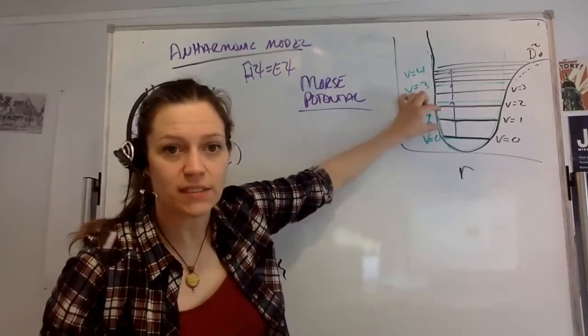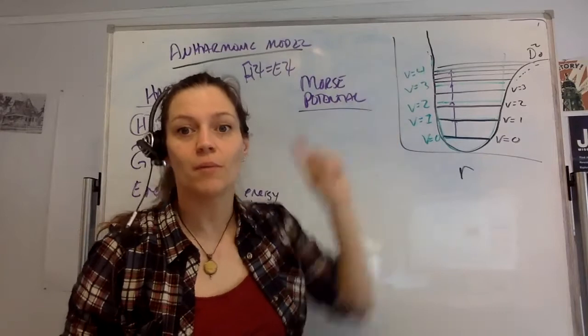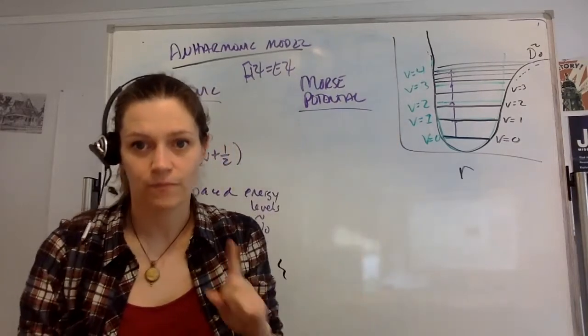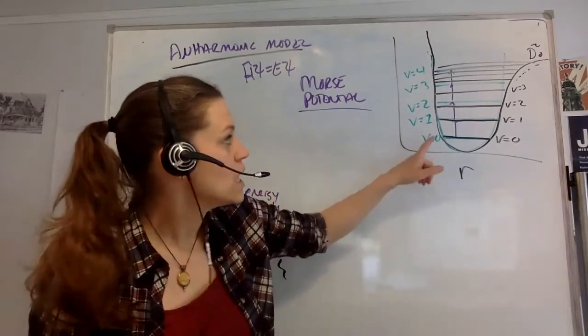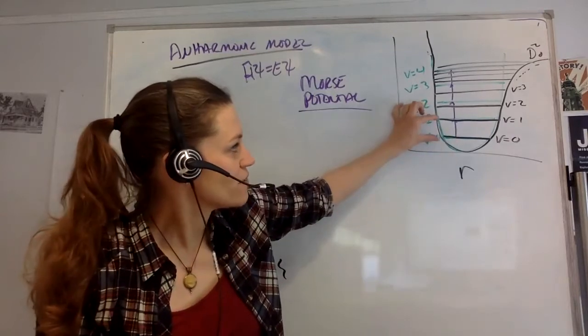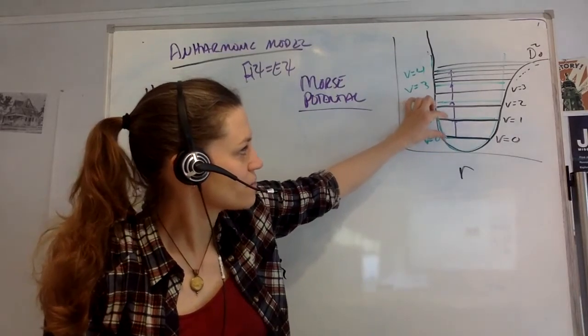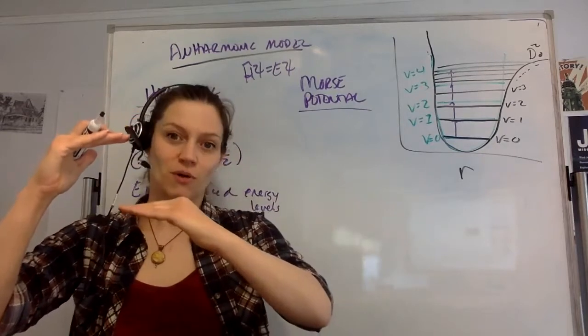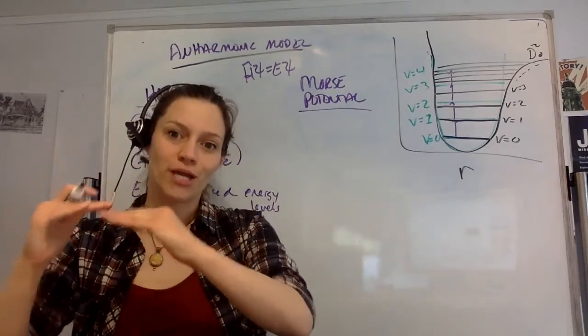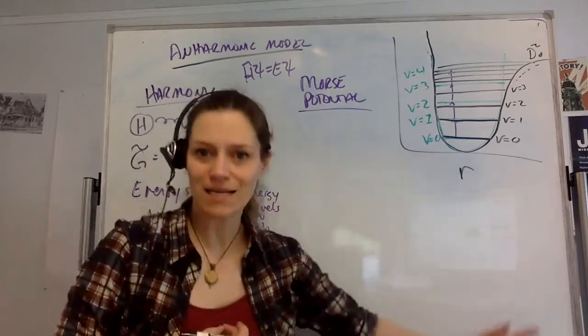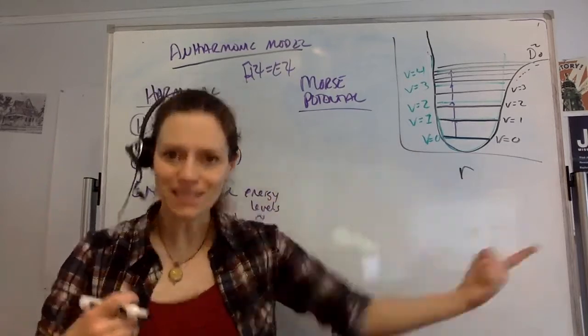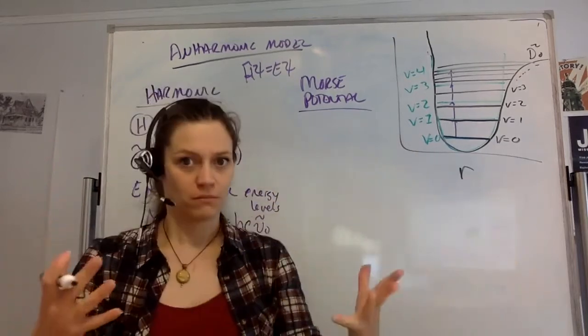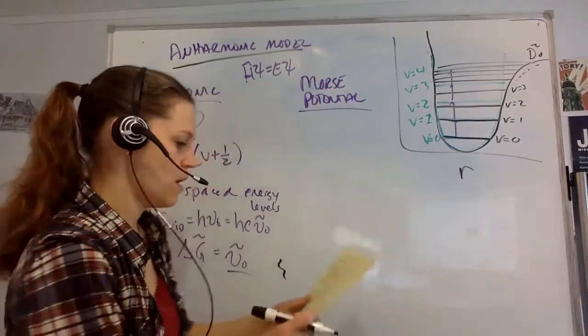The spacings get smaller and smaller as you go up, much like with the rotational spectra, or rotational transitions. The rate at which the differences get smaller and smaller gives you information about the extent of anharmonicity of your molecule. Go team.